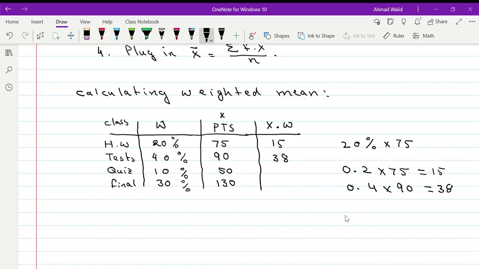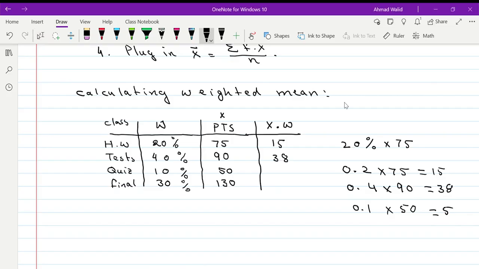For the next class, 50 times 10% means 0.1. 0.1 times 50, correct? Which gives you hopefully 5. You see, I'm using the calculator to show everything. 0.1 times 50, which gives you 5.